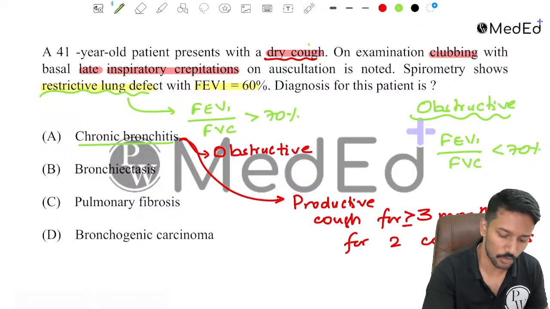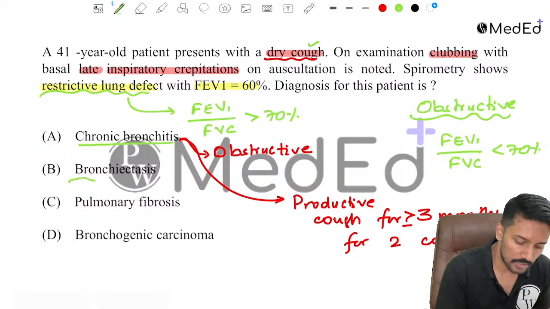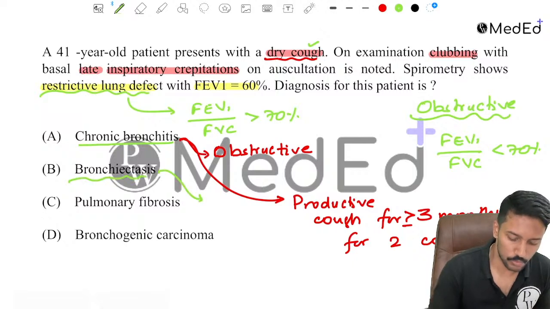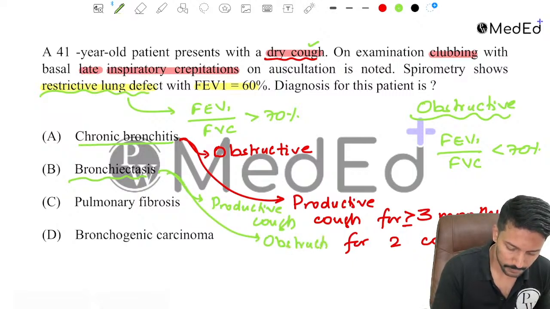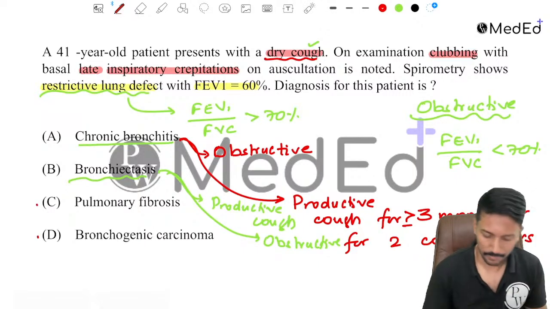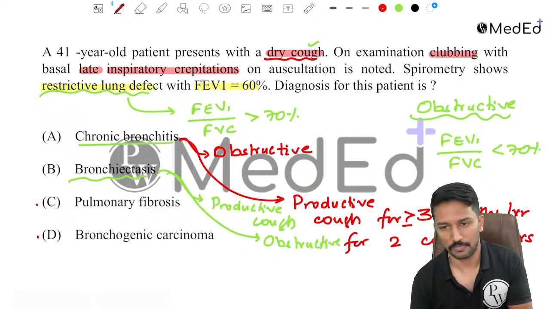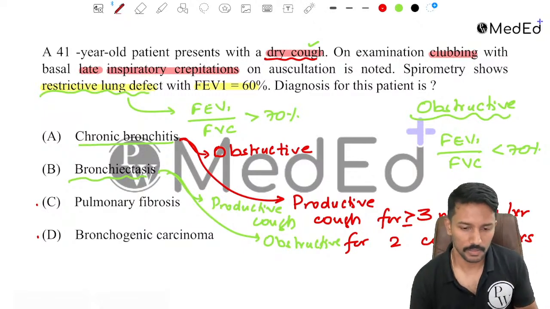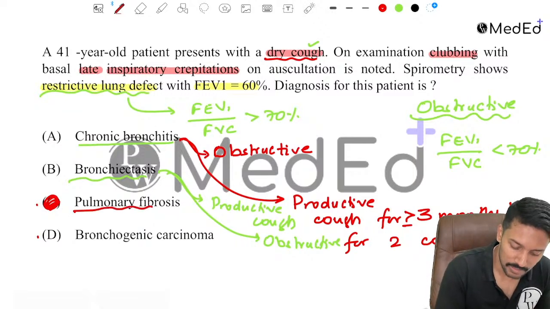The moment you say that dry cough is the complaint, it goes against chronic bronchitis, right? Then bronchiectasis. Bronchiectasis is also associated with productive cough, and it is also an obstructive lung disorder. So we are only left with option C and D. Bronchogenic carcinoma, we don't fit into obstructive or restrictive. It is a space occupying lesion, right? So we are only left with option C, pulmonary fibrosis, which indeed is a restrictive lung disease.